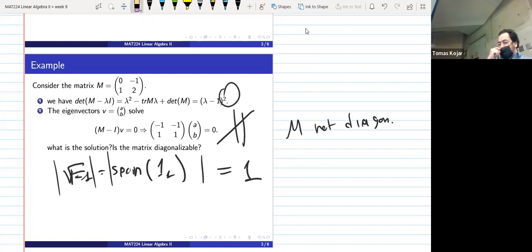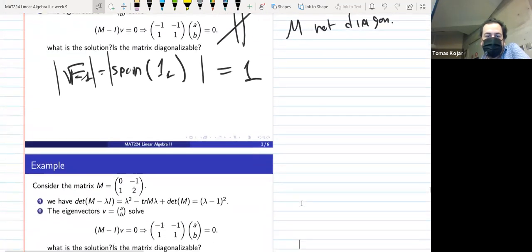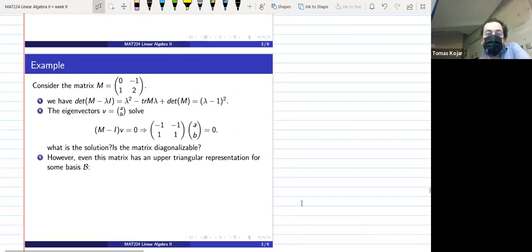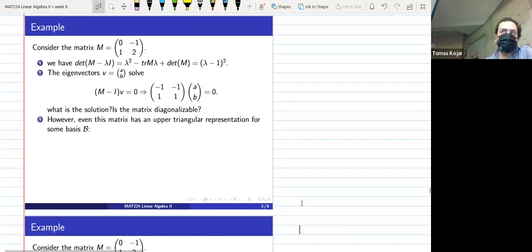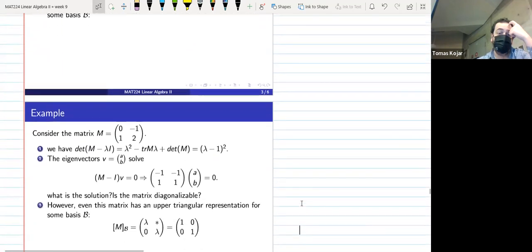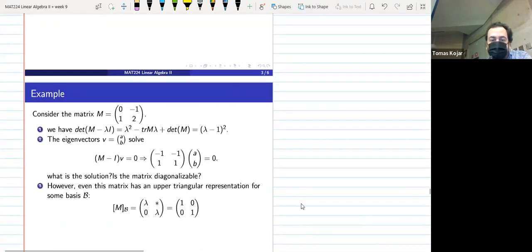We'll come back to this. You cannot use the machinery. However, you have an upper triangular matrix representation, and I should put a star here. So this is star.